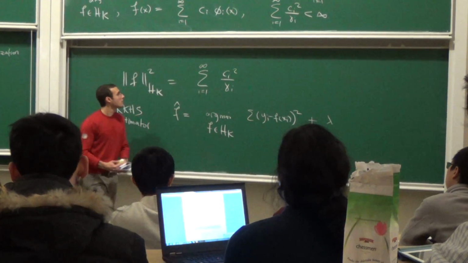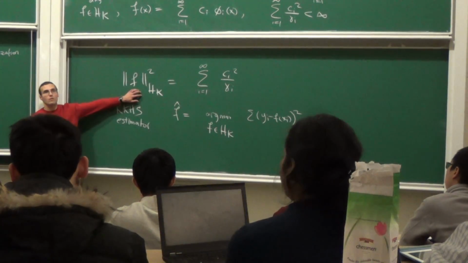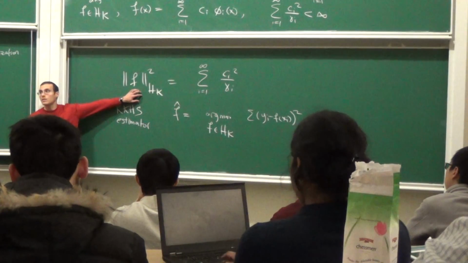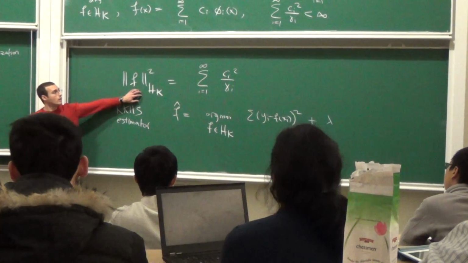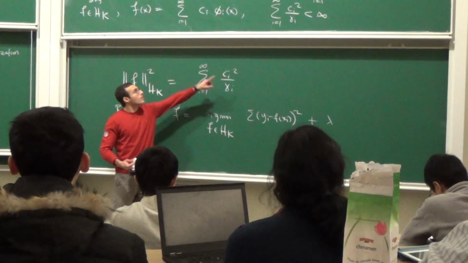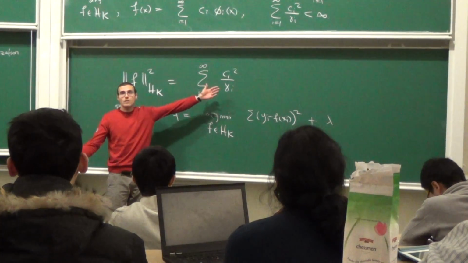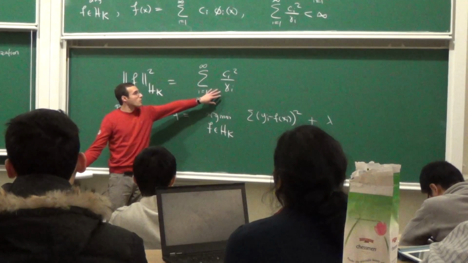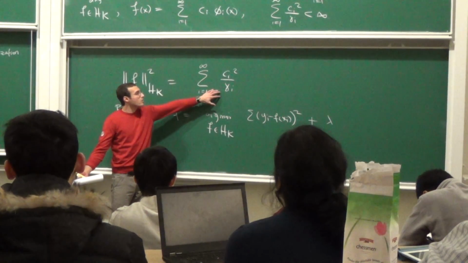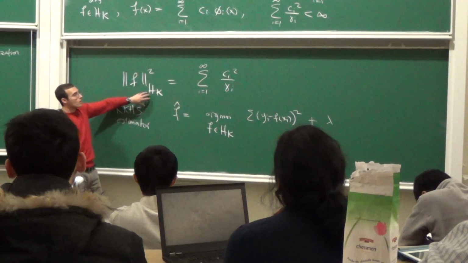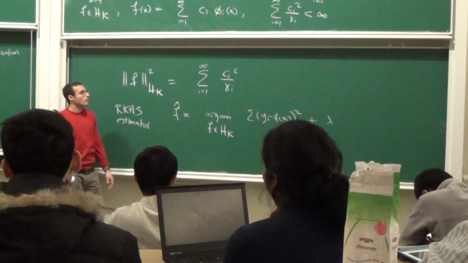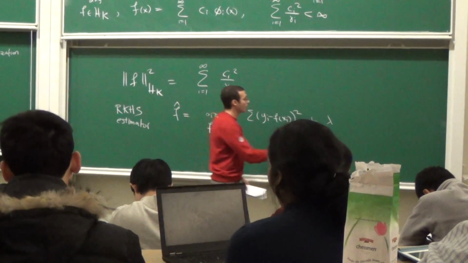Well, it's most natural just to take the penalty induced by the reproducing kernel Hilbert space itself. If these eigenfunctions represent different levels of smoothness with respect to the kernel, then using this as the penalty will automatically give us a smoothness penalty.